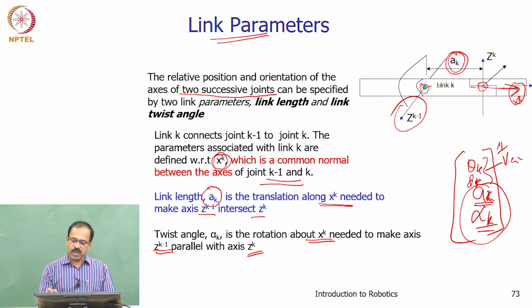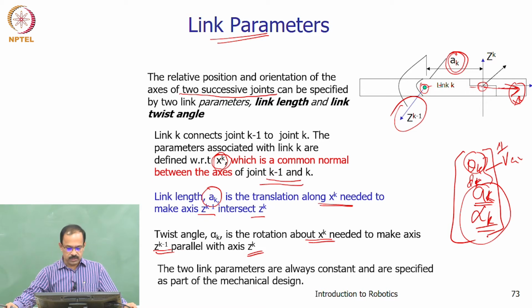So out of these 4 parameters, only one parameter will be varying for every joint. That can be either theta or d, so it's a rotary or prismatic joint. That parameter only will be varying, all others will be constant for a given manipulator. These two are always constant because they are part of the mechanical design.